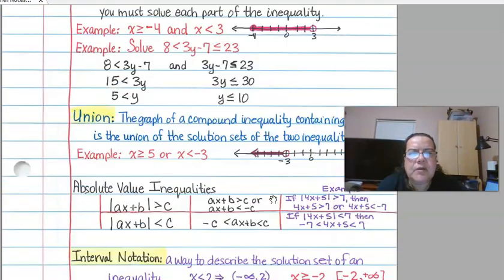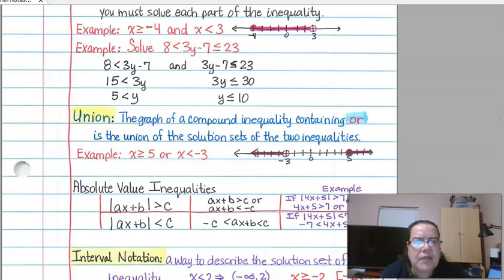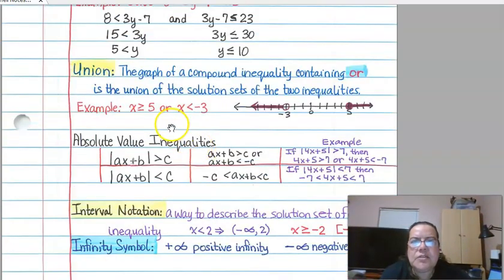So y is less than or equal to, we divide both sides by 3, you get 10. So now, you could also have what's called a union. When you gather things together, you unite them, you have a union. So the graph of a compound inequality containing the word "or" is the union of the solution sets of the two. When I unite these two together on one graph, I'm showing a union.